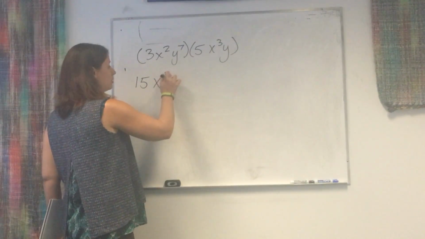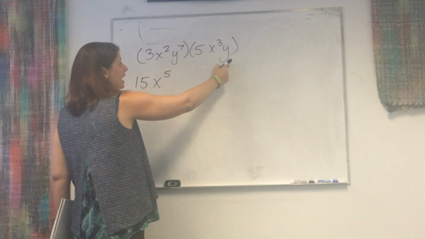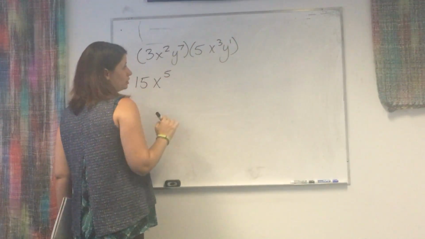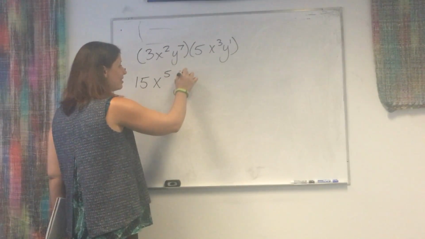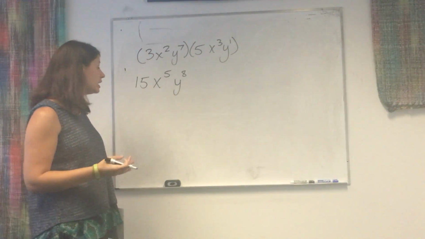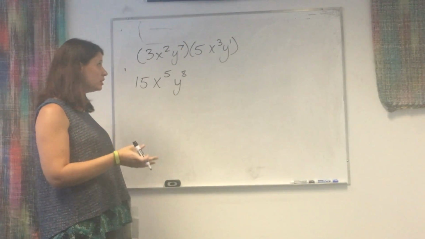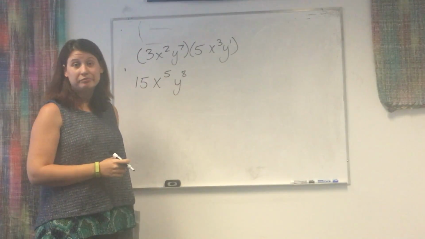So that's x to the 5th. Then we have y to the 7th times y. Remember, that's a y to the 1st. So that means when we multiply them, we add, so it's y to the 8th. And that's it. That's the answer. We did everything that we could. We multiplied the two monomials together to end up with our answer.